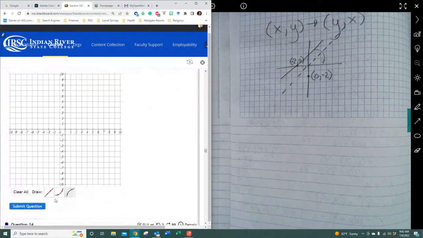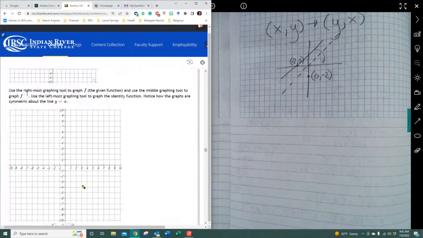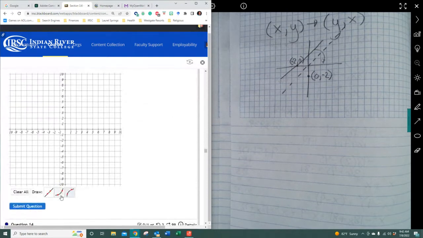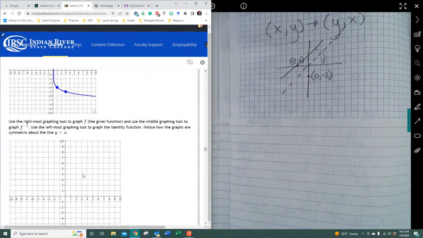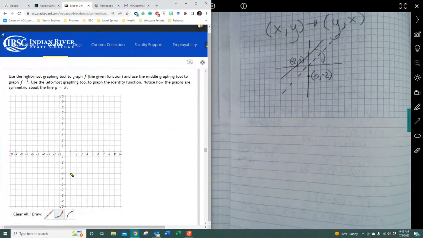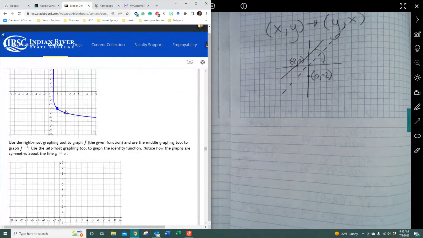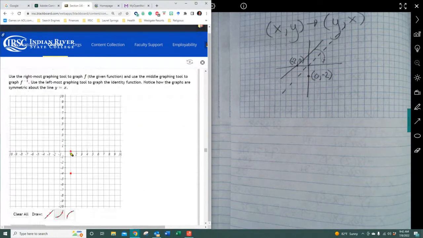So if we're going to do that, we're going to graph this first. We're going to graph the coordinate points of 1, -4, and make sure we graph the next one, which is 3, -5.